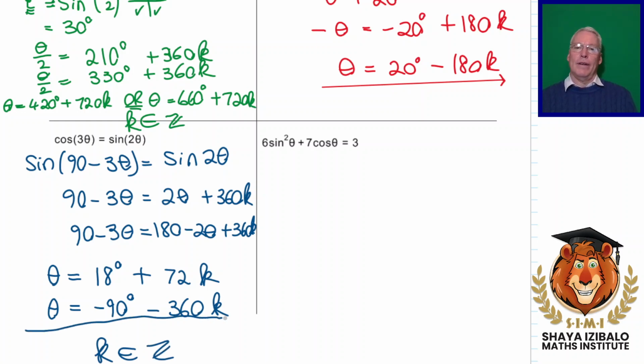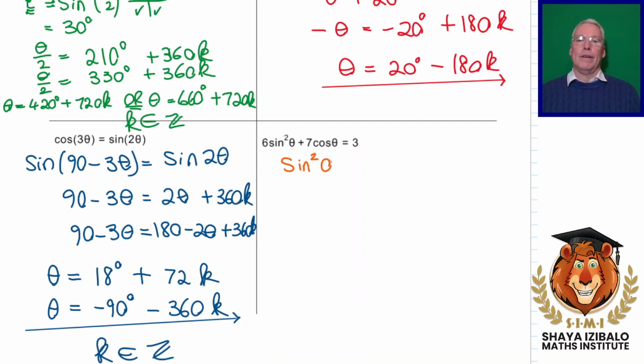Right. And the last one is a trinomial. Okay, let's see if we can. Well, no, it's not straight away a trinomial. We're going to first have to switch sine squared out. Remember that sine squared theta is 1 minus cos squared theta.